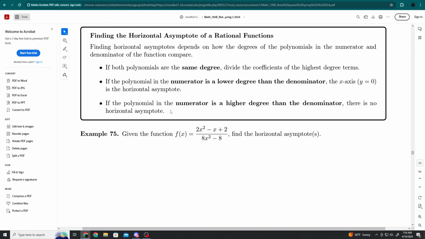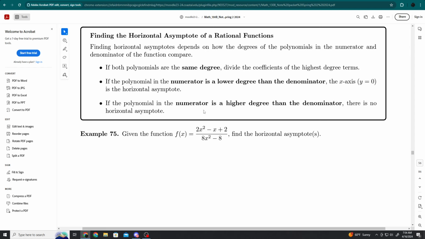So these questions are actually pretty easy. You have to identify which case you're in. Are they the same? Is the bottom larger? Is the top larger? Those are your 3 cases. I'll say it again. Are the top and bottom the same degree? Do they have the same largest exponent? Is the degree in the bottom larger than the numerator's?